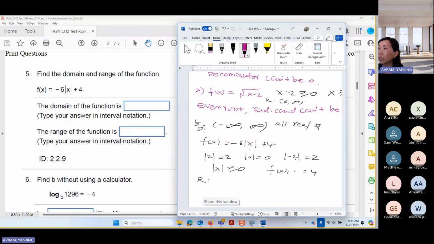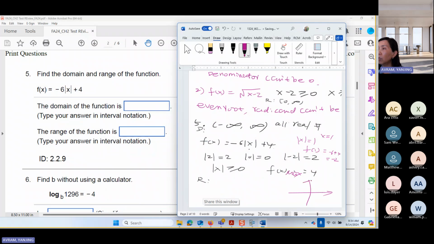Because this is facing down. When absolute value of x is greater than 0, if you plug in x equal to 1, f of 1 will be negative 6 times 1, which is negative 6, plus 4. This will be negative 2. Okay, so anything you plug in non-zero, this whole thing is going to be less.